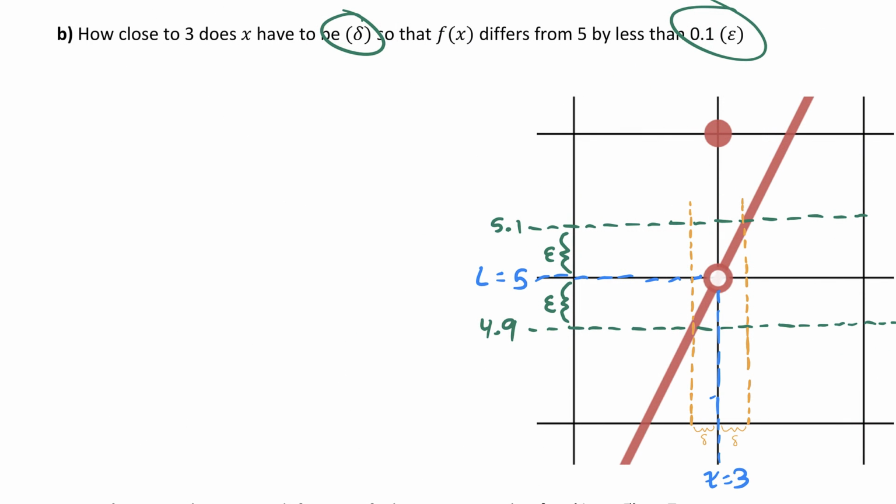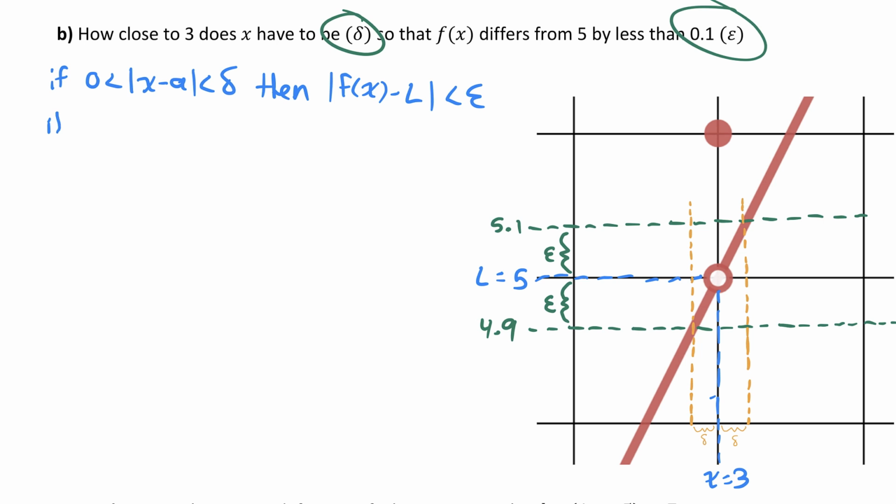So let me write out the definition of a limit again. The definition of a limit tells me that if the difference between x and a is less than delta, then the difference between f at x and the limit is going to be less than epsilon. And in this question, we know a lot of these values. The a value is 3.